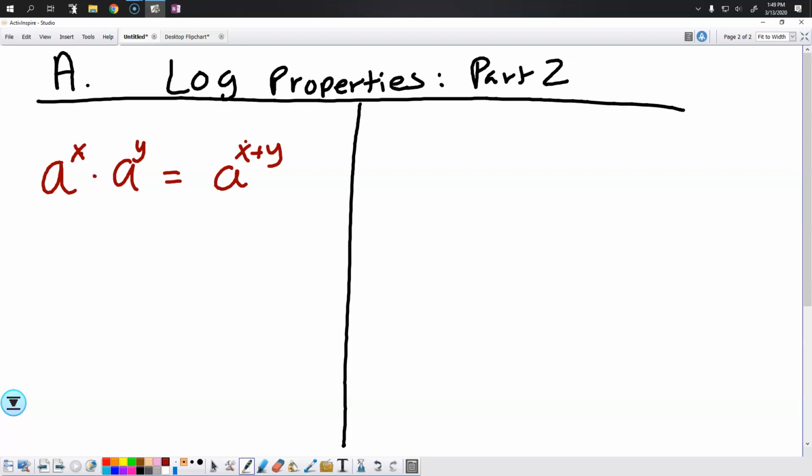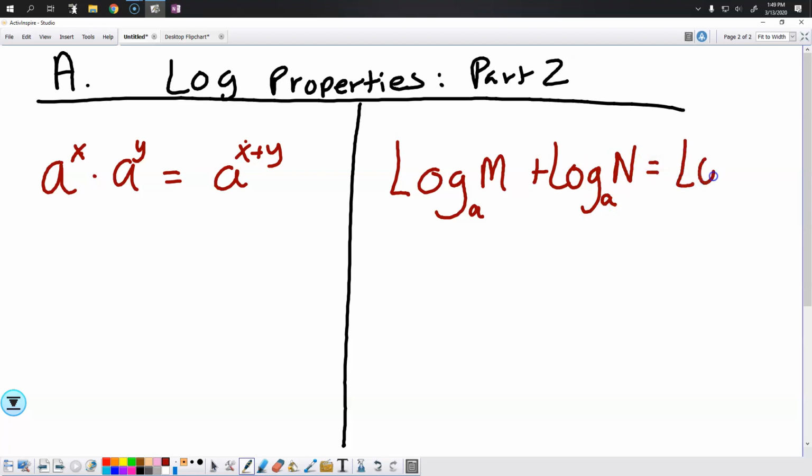So, let's see. If you have two logs that are being added together, like log base a of m plus log base a of n, you could put those together as one log if you multiplied the m and the n together.